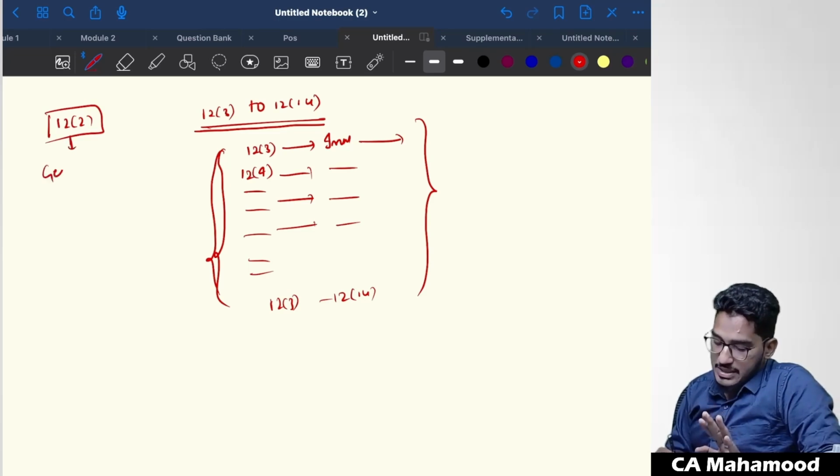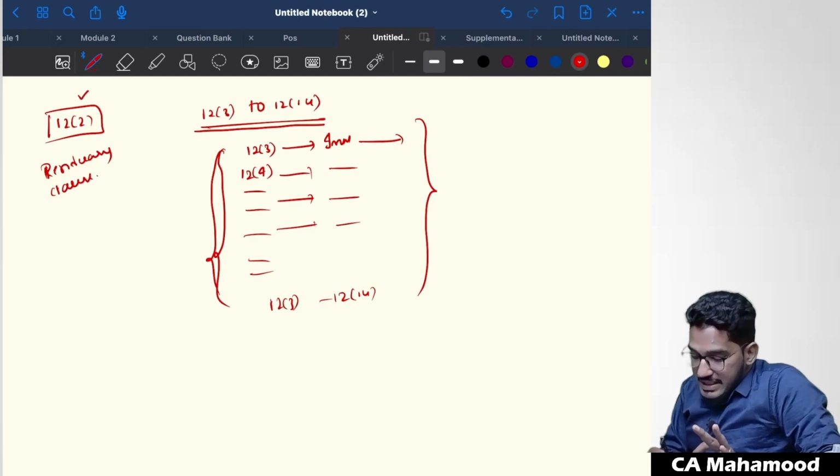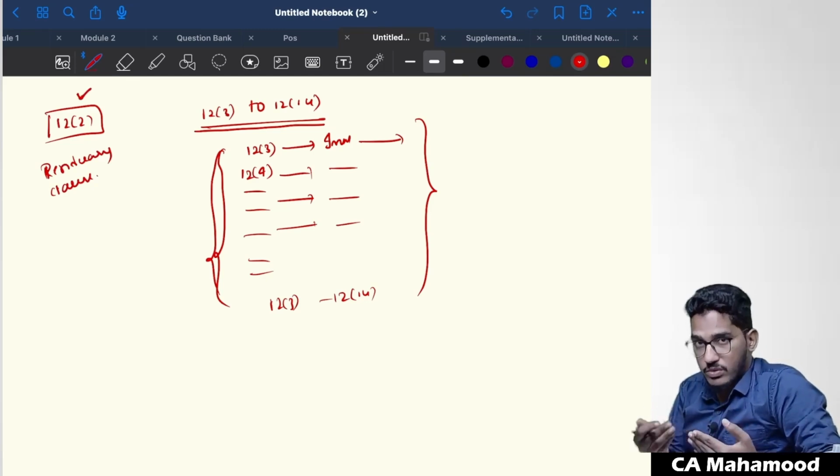So I will say 12 subsection 2 is a general clause, or put another way, a residuary clause for determining place of supply. The rule we are going to learn in 12 subsection 2, how to determine place of supply in case of supply of services, will try to say certain things here.